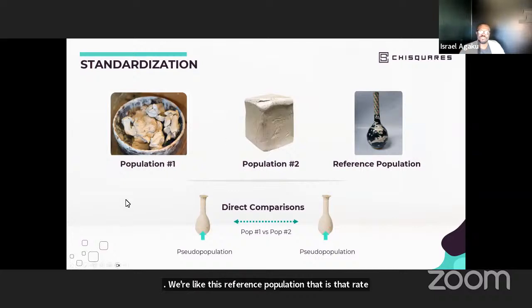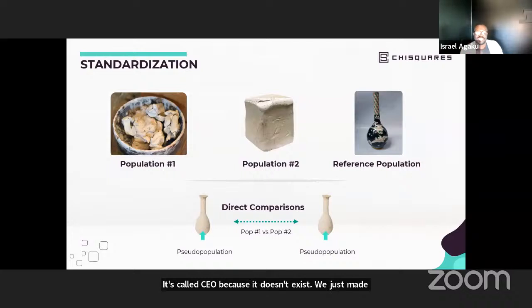Because I have now forced both of them to adopt the characteristics of this external population, that allows me to make direct comparisons, because population 1 is no longer population 1. It's like population 1 if it were the reference population. We call that a pseudo population. It's called pseudo because it doesn't exist. We just made it up.